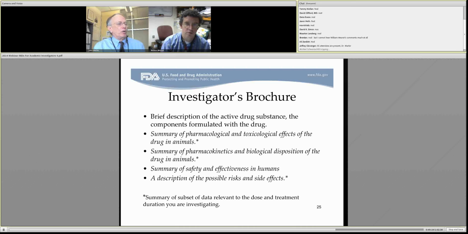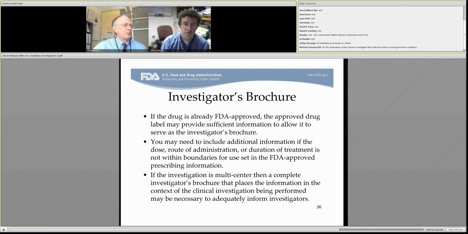But what we really need to see, put it in italics here, is the pharmacological and toxicological effects in animals that you can describe supporting the non-clinical safety of the drug. And that belongs in the investigator's brochure so that the physicians treating it can understand what led to some of the warnings and precautions that you're introducing in your protocol.